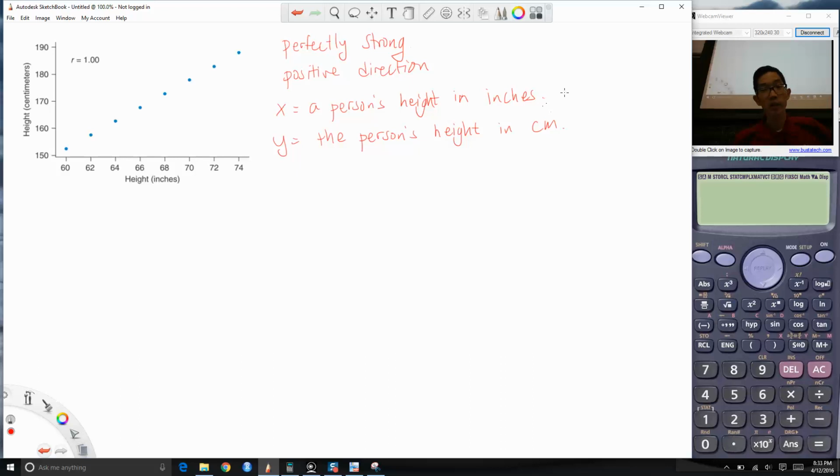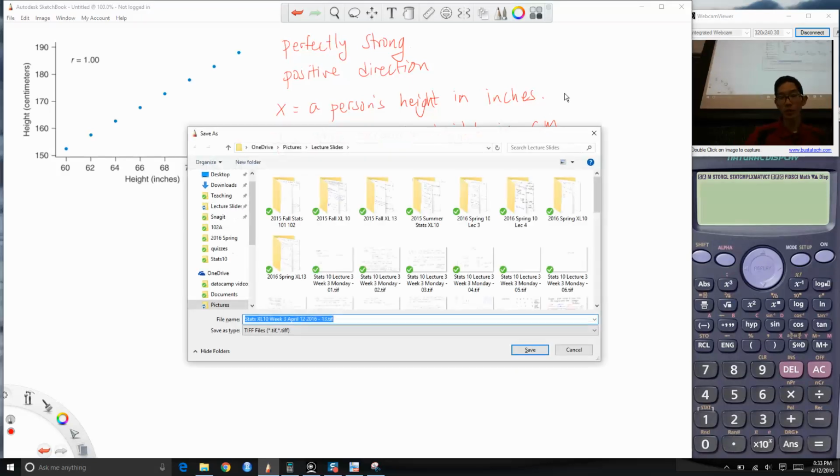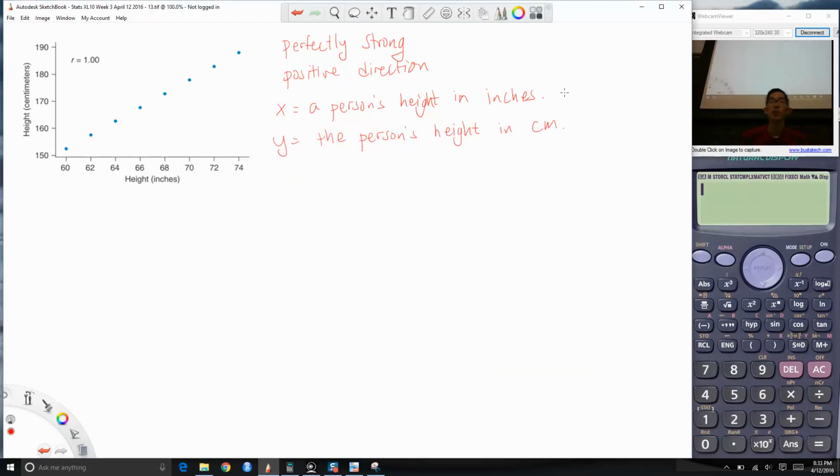Okay, so if we think back to the definition of a strong relationship, it's how good are your predictions of y if I give you a value of x. In this case, if y is the person's height in centimeters, and I tell you the person's height in inches, can you make a pretty good prediction for y?